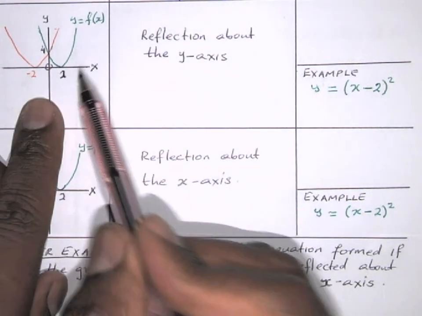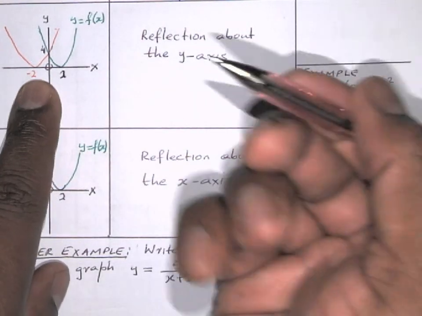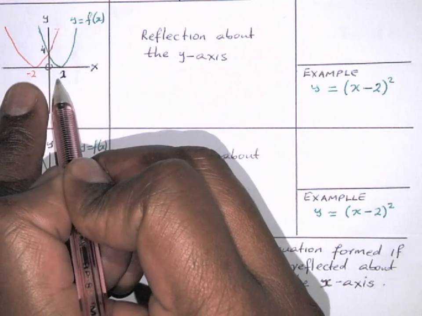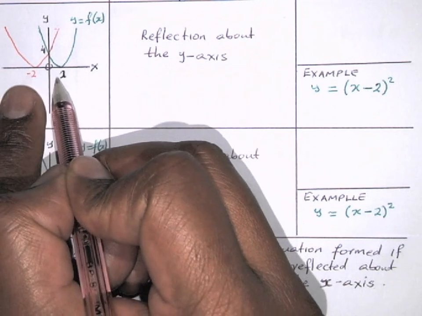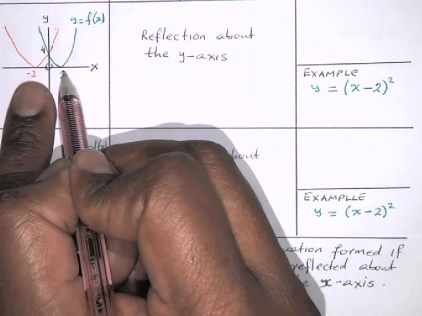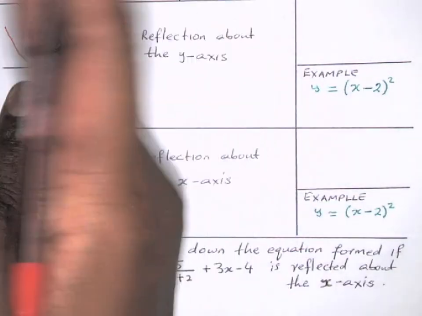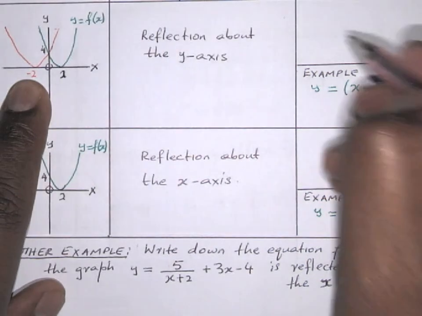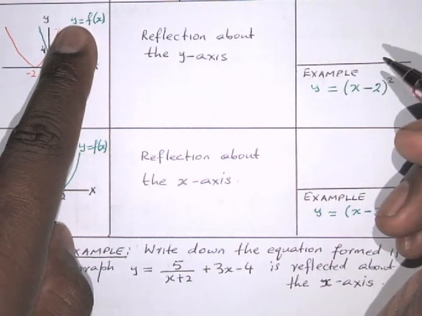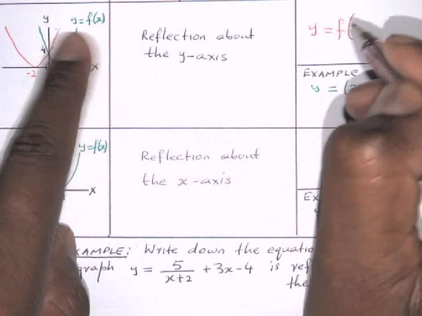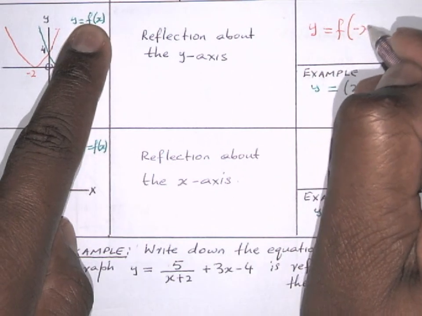Okay, so if I do that, the new equation now, if you turn like that, note the positive x became a negative x. In fact, what we are doing here, we are changing the sign of x. So when you reflect about the y-axis, you just change the sign of x. So therefore, the new equation, if that was y is equal to f of x, it becomes y is equal to f of minus x.